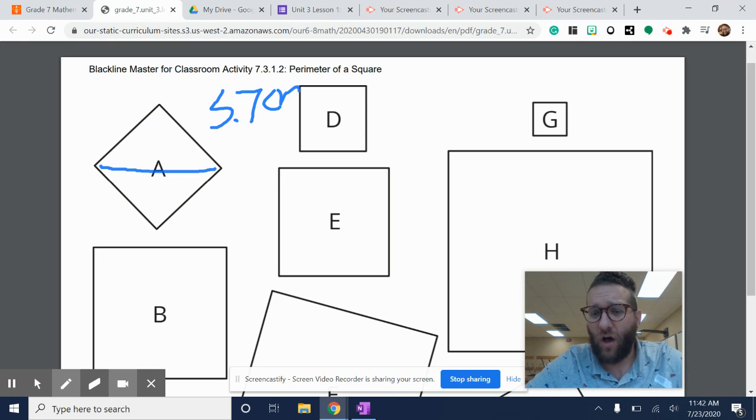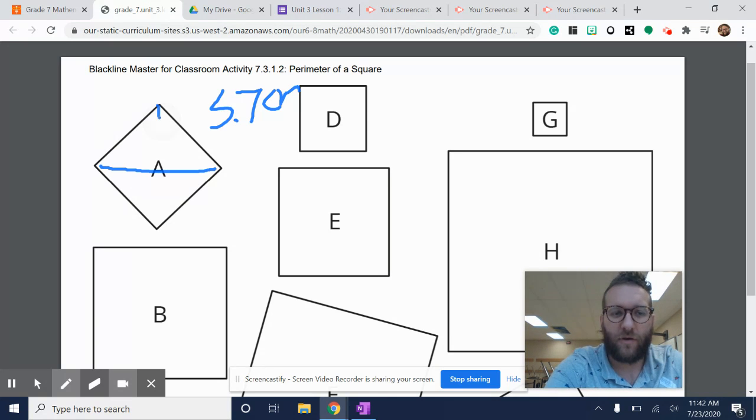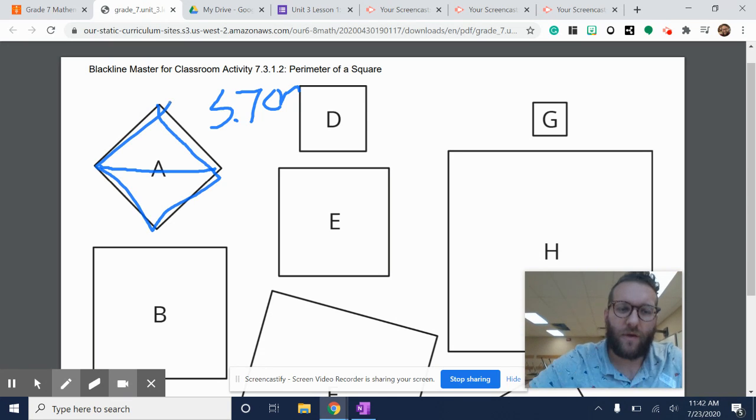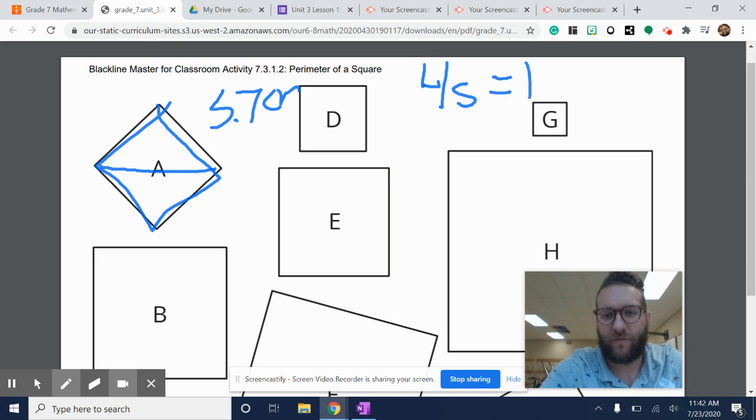Now, also, we have to remember that the perimeter goes all the way around the outside of a square. For a square, we can say that it is 4 times the side length, or 4s equals the perimeter.